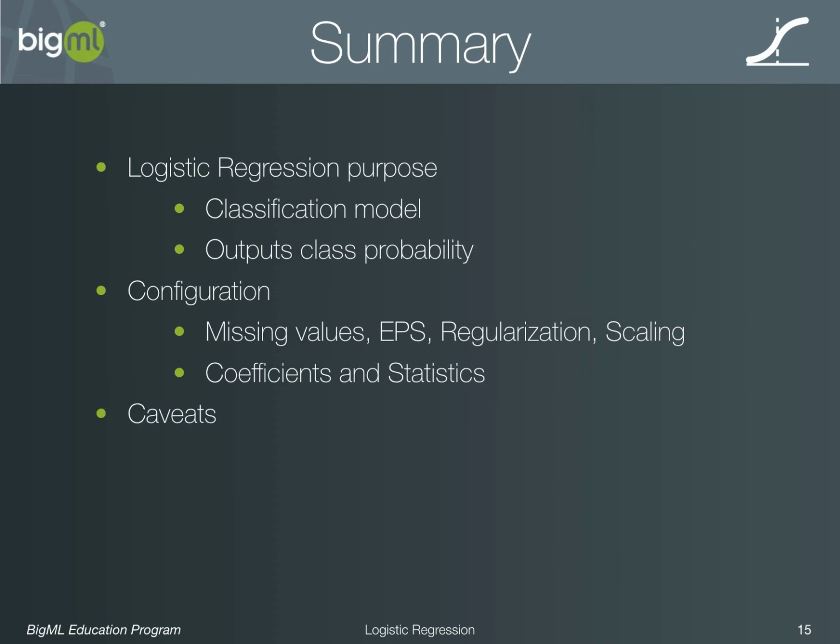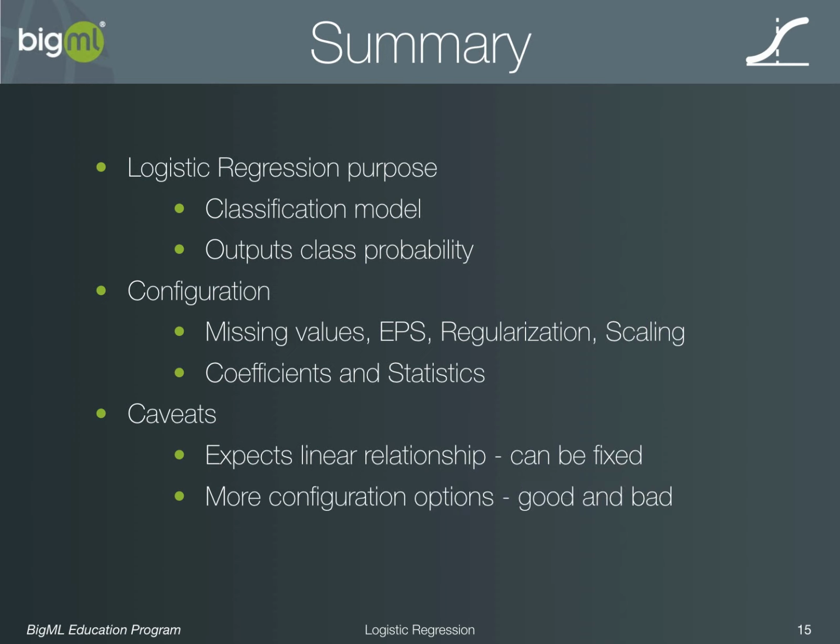And then finally, we explored several caveats of using logistic regression, including the fact that it expects a linear relationship, but that we can fix it, and that there are a lot of configuration options, which is good if you must use logistic regression, but otherwise makes a lot of mistakes possible. And finally, we explored the considerations to be made when deciding between logistic regression and decision tree models.